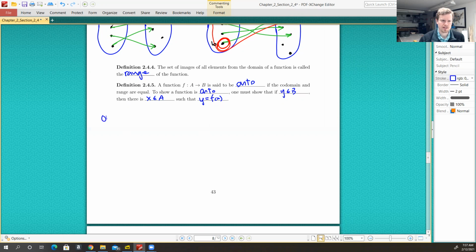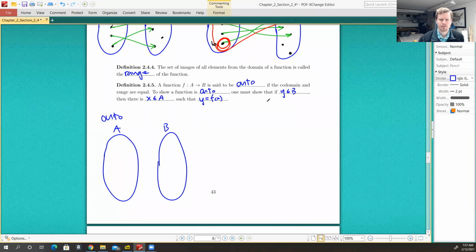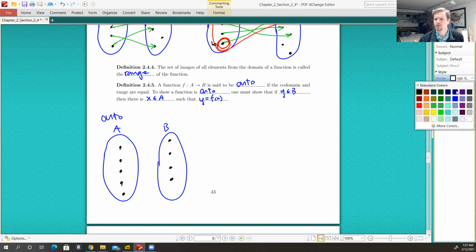All right, so let's look at a quick visual representation, a diagram that shows what onto is. Let's say we have our domain and our codomain, and we have several elements in our domain and codomain.